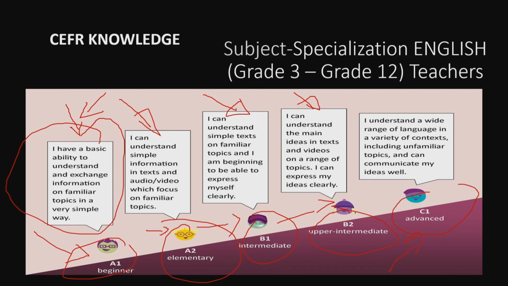Similarly, if you have a look at the C1 advanced level: I understand a wide range of language in a variety of contexts, including unfamiliar topics, and can communicate my ideas really well. So this is an advanced learner of the English language, who can tackle any topic in an easy manner and communicate ideas really well.